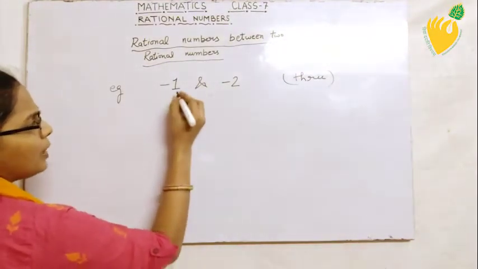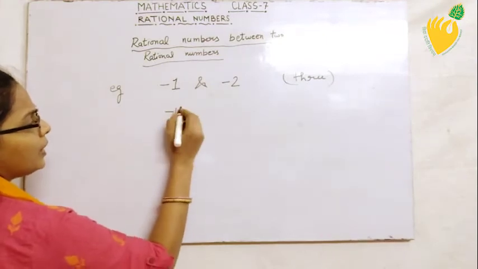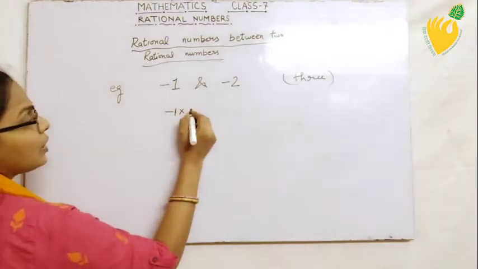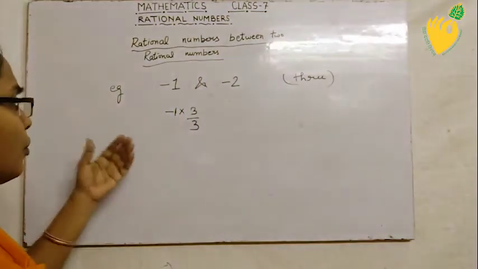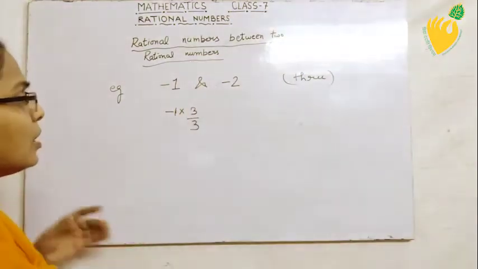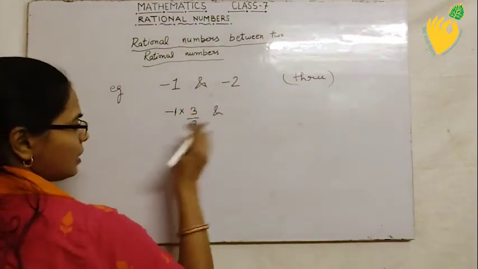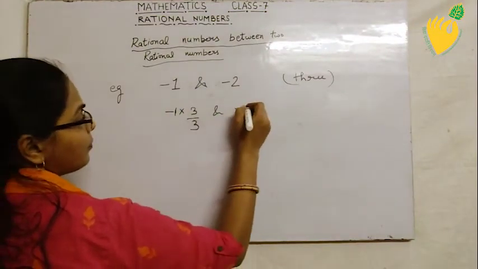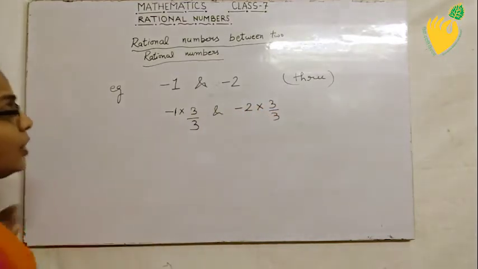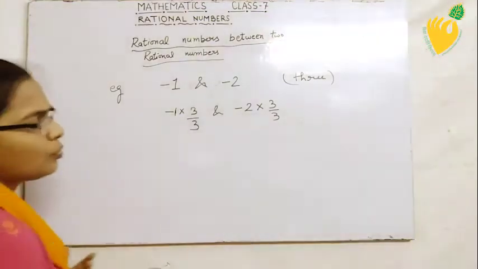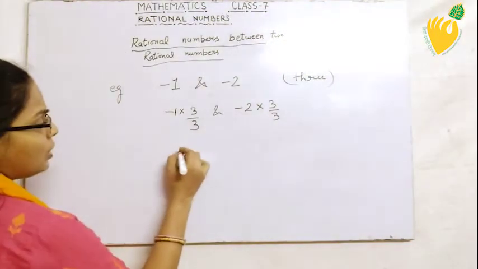Now, what will you do? You will multiply -1 by 3 upon 3, or you can say 4 upon 4, 5 upon 5. Don't go too far from -1. Only multiply the nearer number. -2 into 3 upon 3, according to our need, because we don't need more than 3 numbers, so I think 3 is sufficient.